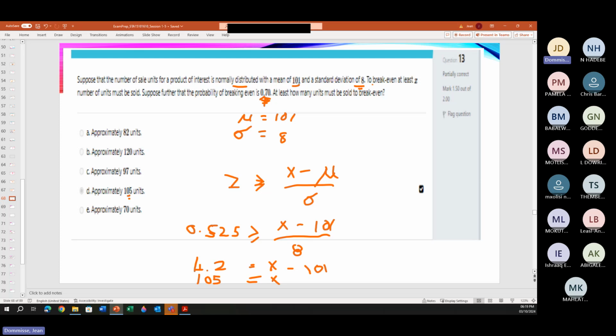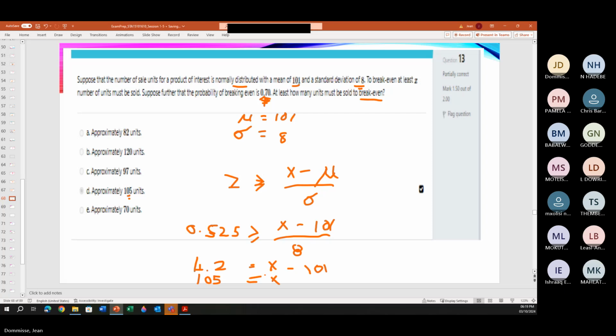That's right, standard deviation. To break even, at least X number of units must be sold. Suppose further that the probability of breaking even is 0.7. At least how many units must be sold to break even? Okay, I don't see why that is not fully correct. So maybe here was the extra component that wasn't changed for the answer. Can you guys see if there's something wrong in this?